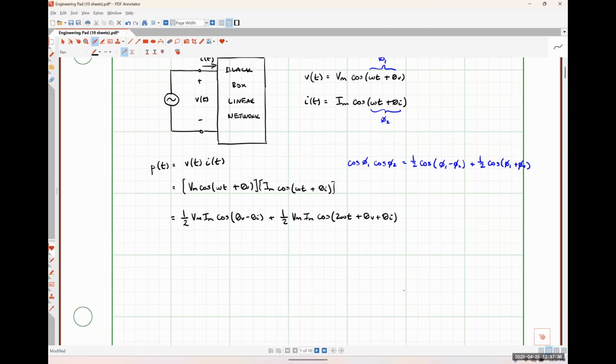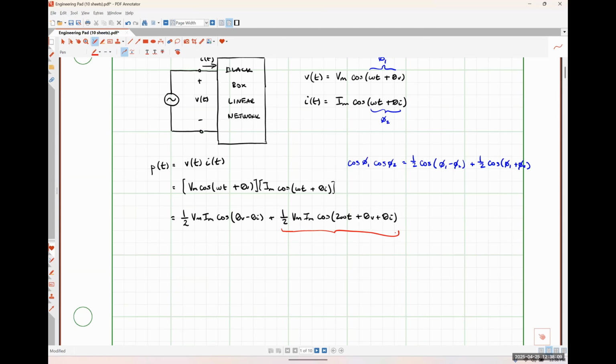So we really have two distinct parts in this expression, okay? So I'm going to start with this right-hand part over here, okay? So what's interesting about this particular part is we have a sinusoidally varying component of our instantaneous power, which shouldn't really be surprising because we've got a sinusoidal voltage and a sinusoidal current happening.